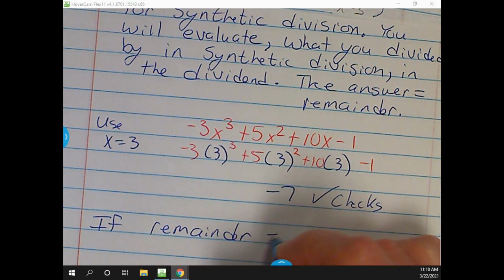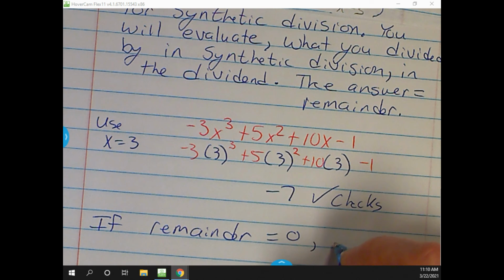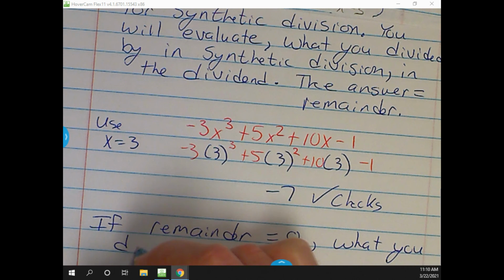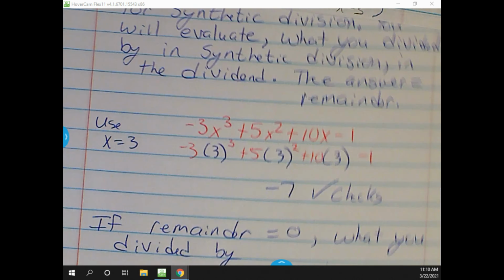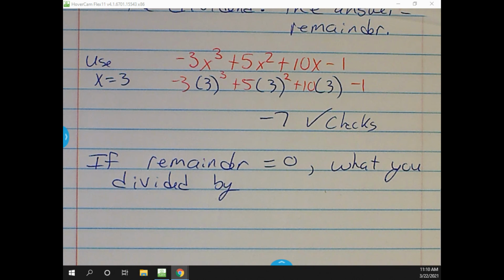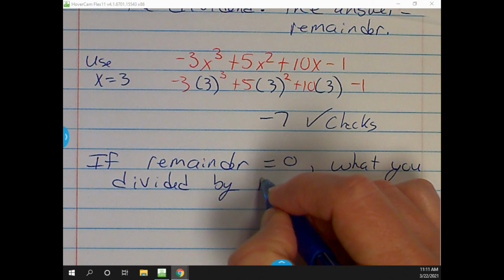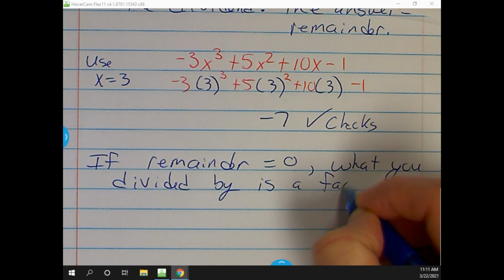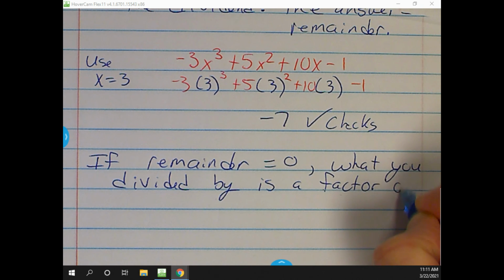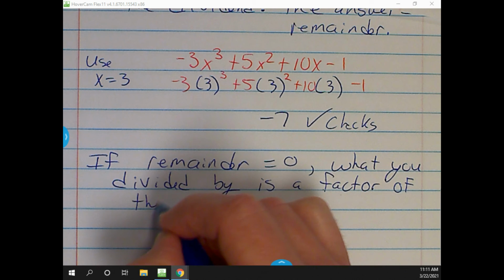But if the remainder equals 0, what you divided by, which again is your divisor, is a factor of the dividend.